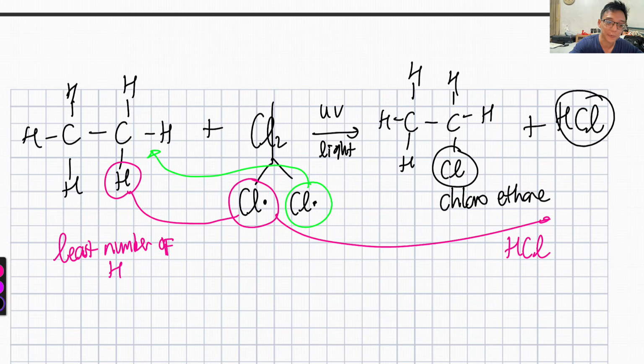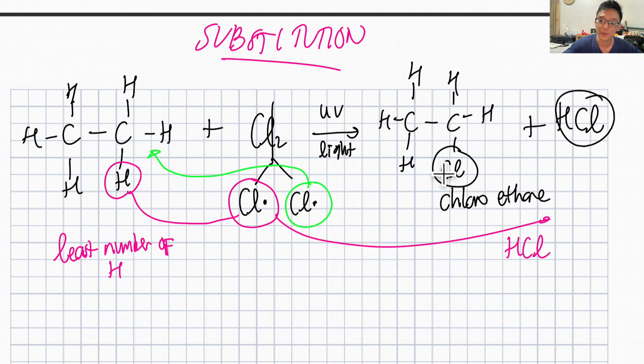So technically, substitution happens when one atom is replaced by another atom, and it also produces a byproduct. See, it does not produce only one product, but two products. So it's called substitution.